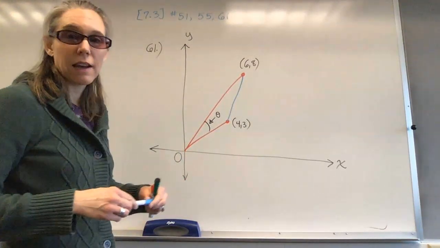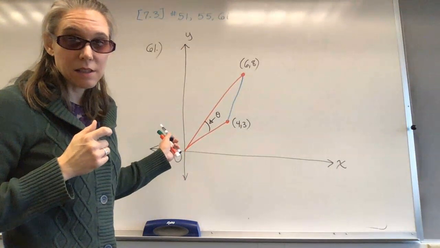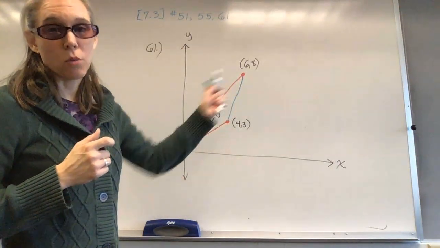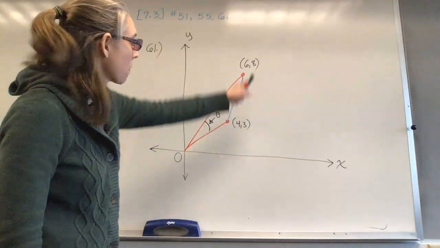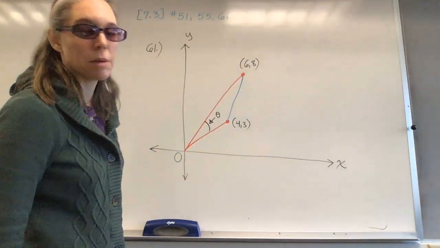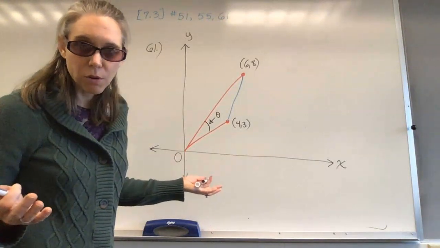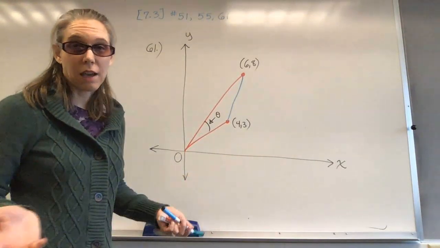And so we can do that by saying what is the distance between the points. So here's the origin, 0, 0. Here's 6, 8. You can either use the distance formula or you can use the Pythagorean theorem.